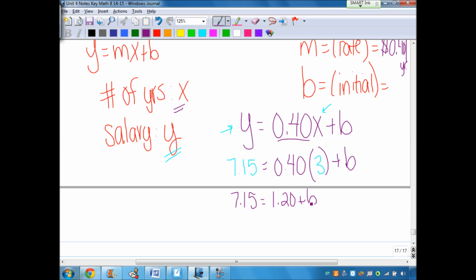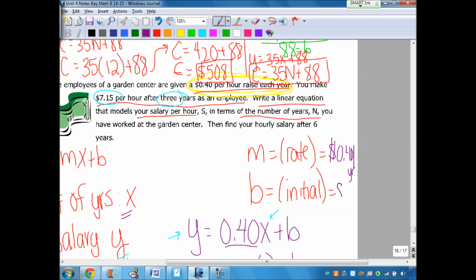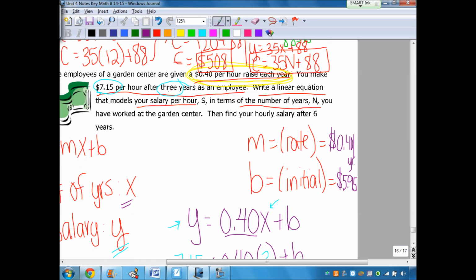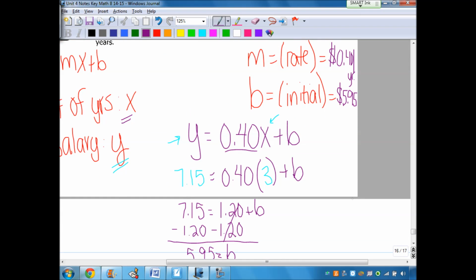Now, in order to get the b by itself, I would subtract $1.20. So then you would get $5.95 equals b. So that's how much you made when you first started working there. So your initial amount is $5.95. Okay, so then your equation would have to be, you know your slope, it's 40 cents per year, 0.40x plus 5.95.